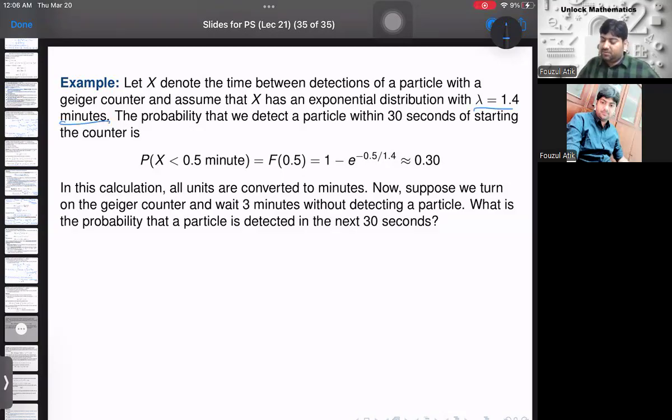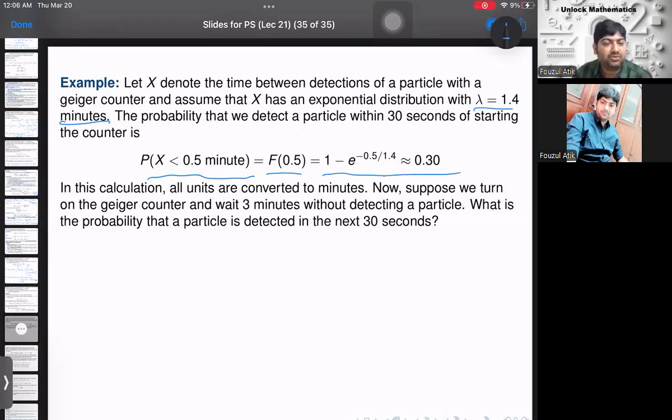So therefore, in this example, the problem already gives that the probability that we detect a particle within 30 seconds of starting the counter is P of X less than 0.5. 30 seconds means half a minute, and this is the cumulative distribution function. If you apply it, it is F of 0.5, and we know 1 minus this, already given.